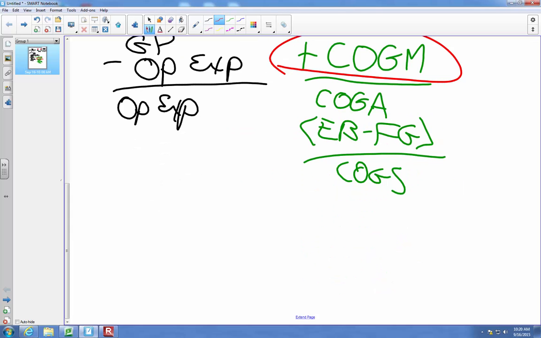Now, we're manufacturing it. So what we prepare is called a schedule of cost of goods manufactured. So you start out with your three-pronged title.